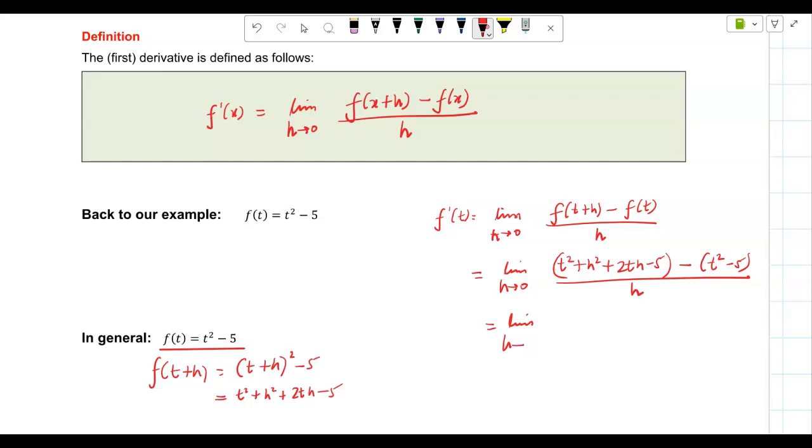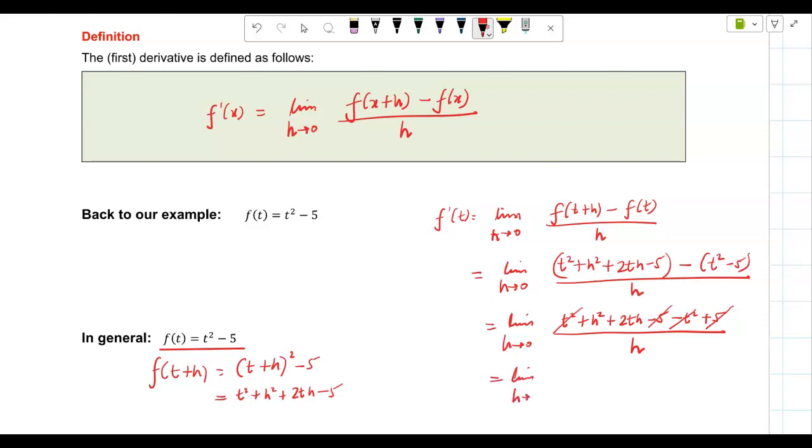So limit as h tends to 0 of t square plus h square plus 2th minus 5 minus t square plus 5 divided by h. Open the bracket, the sign changes. So t square minus t square cancel out, plus 5 minus 5 cancels out.